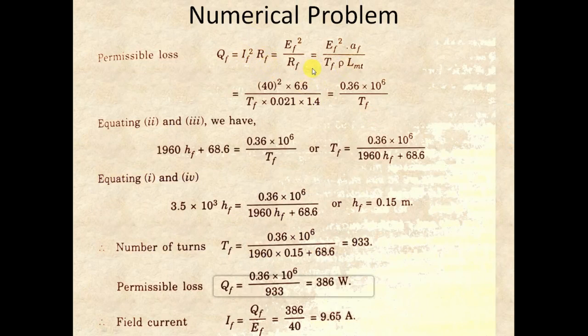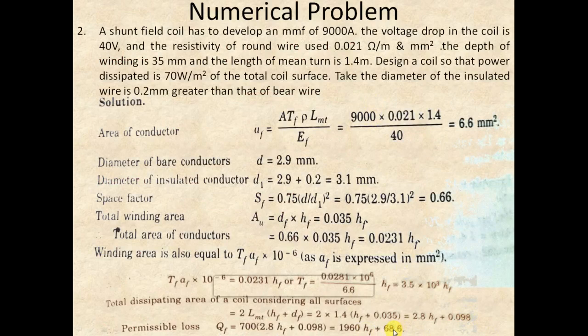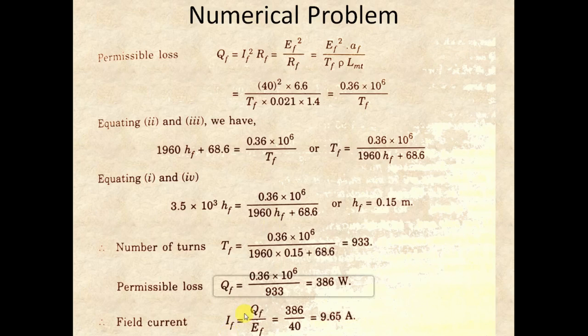By simplifying this, that is making the substitution of RF and all, we will be able to get the relation in terms of TF. So this term and this term are one and the same, because if you see in both these equations, the left hand side is capital QF. So you can easily equate both of them and you will be able to get another relation in HF and TF. So solving the two relations in HF and TF, the one which we got from the copper space factor and the other one which we got from the copper loss, we will be able to solve the values of HF and TF as 0.15 meter and 933.